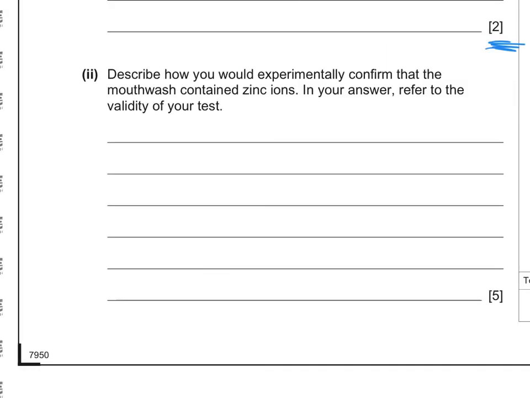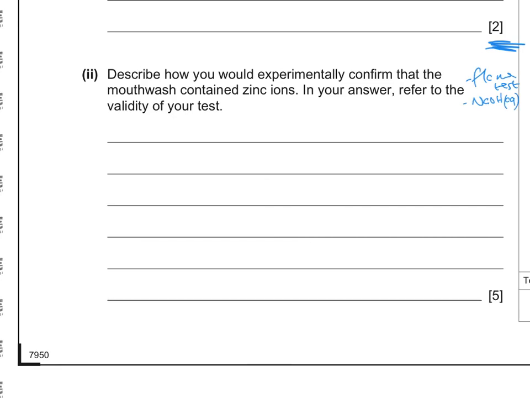Now, before I do this question, I just need to point out that this was taken from an older paper and an older spec. And the test then for metal ions were the flame test and sodium hydroxide solution.